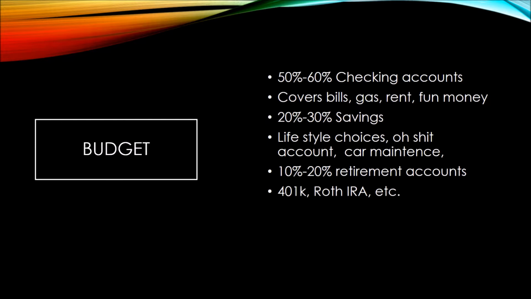These are car maintenance, maybe haircuts, and savings also covers your oh shit account, which we will get to in a second. And then your savings will cover things that you want. Finally, we will have your retirement account, and these are your 401k, your Roth IRA, and other retirement accounts that you will have.